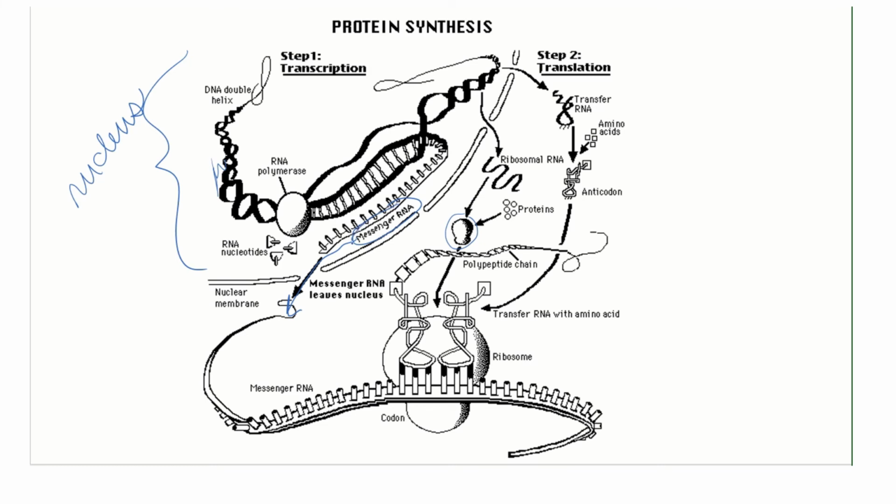The messenger RNA leaves the nucleus, and then it gets used by the ribosome here, and in translation, the tRNA over here can come and take those anticodons and bind to the appropriate spot on the mRNA, and then when the ribosome comes, it joins these amino acids to form this long polypeptide chain.